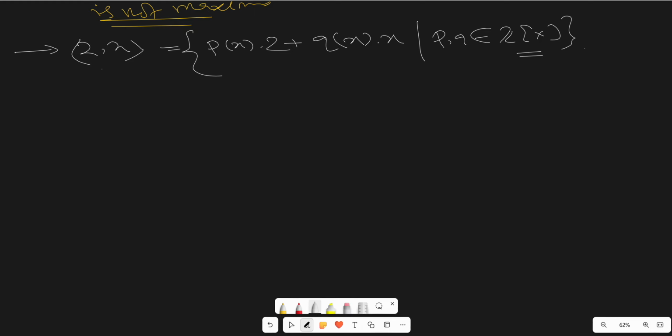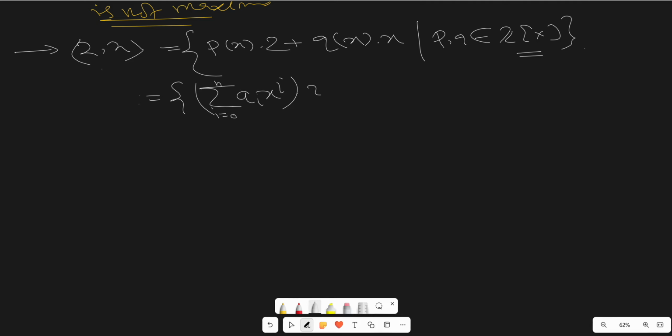So what you can expect here, you can write p as a summation of a_i x to the power i, i from 0 to n, into 2, and q you can write as a summation of b_j x to the power j, j from 0 to n, into x, such that a_i comma b_j are from Z. Can't you write that?